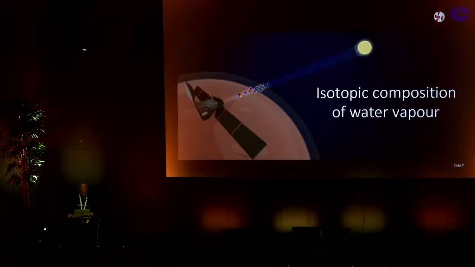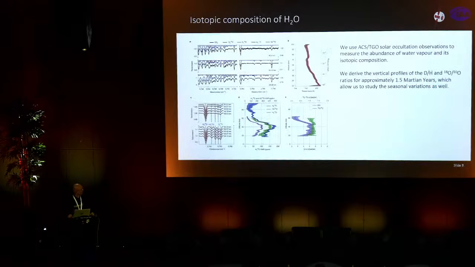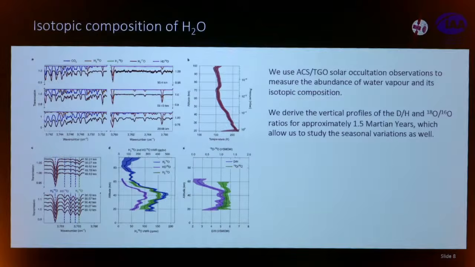So let's start with water vapor. Water vapor has been observed for a long time now. We have several years of compilation of data coming from the instrument. We can probe basically the water vapor from roughly 5 kilometers up to 60, 70, 80 kilometers, depending on how much water vapor we have in the atmosphere and depending how high it can go.